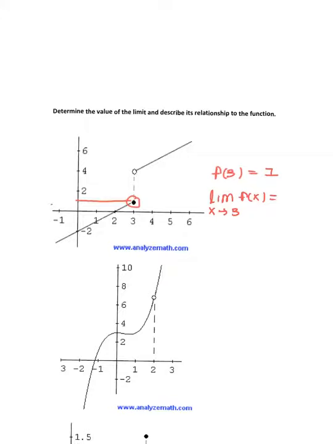So here, your limit does not exist because what I'm given is a piecewise function. I'm looking at the left side and the right side. As I'm going to 3 on the left side, and as I'm going to 3 on the right side, I'm approaching 4 up here and 1 down here, and that doesn't allow me to have a limit because I have to approach the same number. Does that make sense?